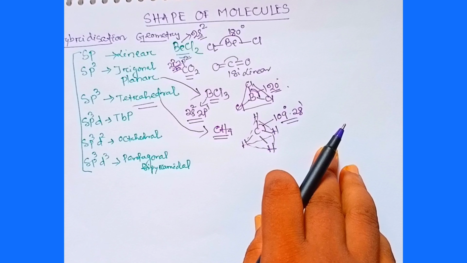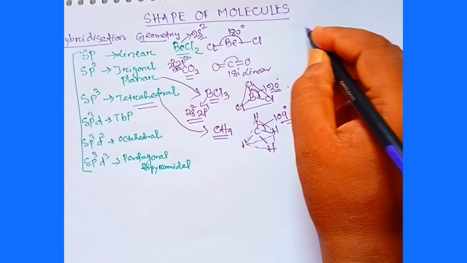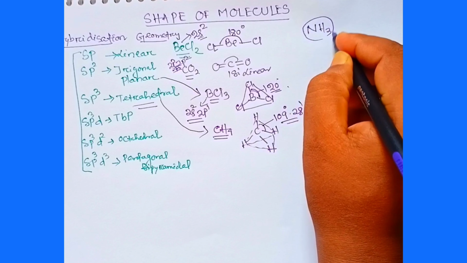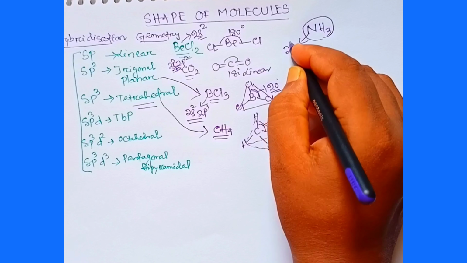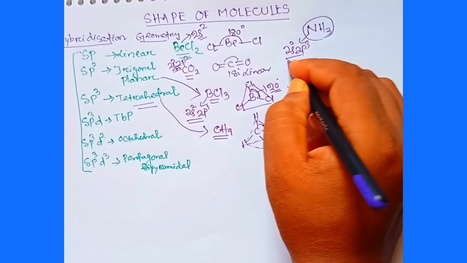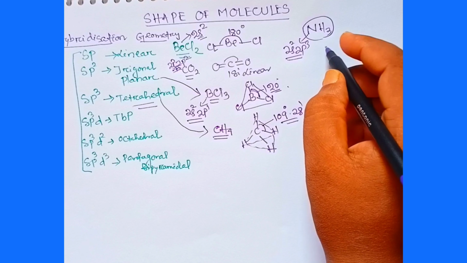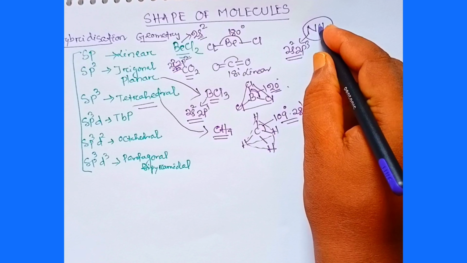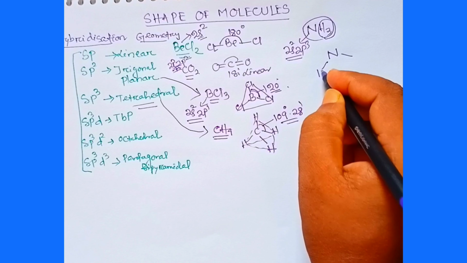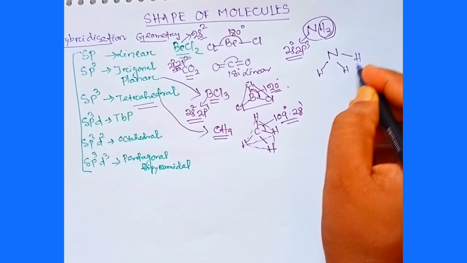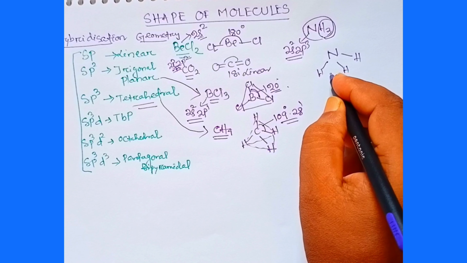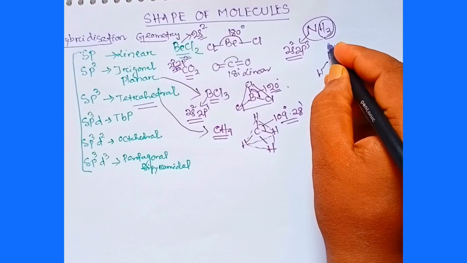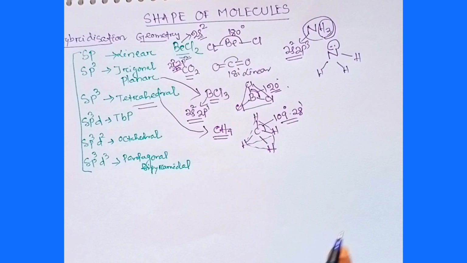So if we discuss the ammonia molecule NH3, its electron configuration is 2s2 2p3, 5 outermost electrons to participate in the bond formation. But here 3 peripheral hydrogen atoms are present, so it will make 3 bonds with 3 hydrogen atoms, and one unshared pair of electrons will remain as the lone pair over nitrogen.